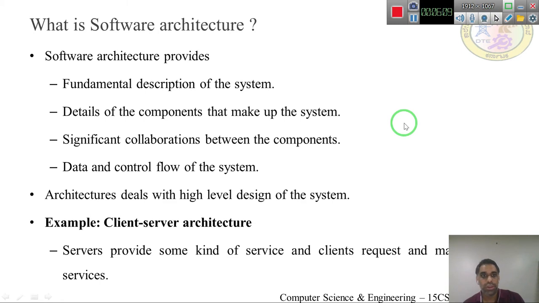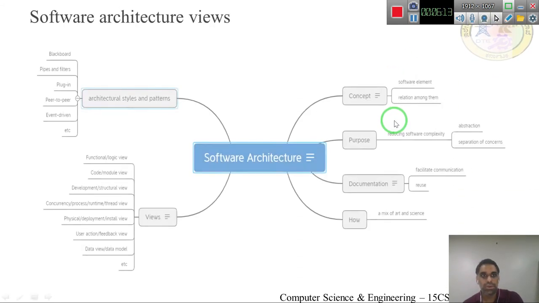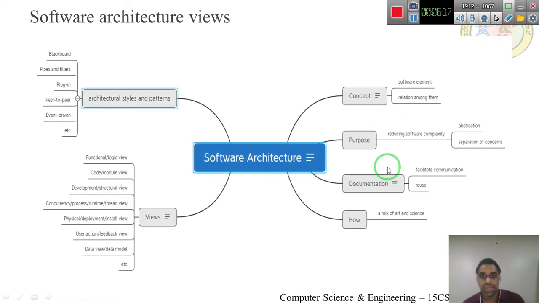Next we will go with the next topic. What is software architecture view? Software architecture gives you the concept that a software product contains software elements and there are relationships between each component, right?